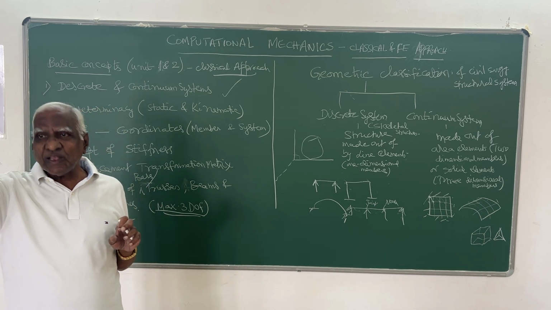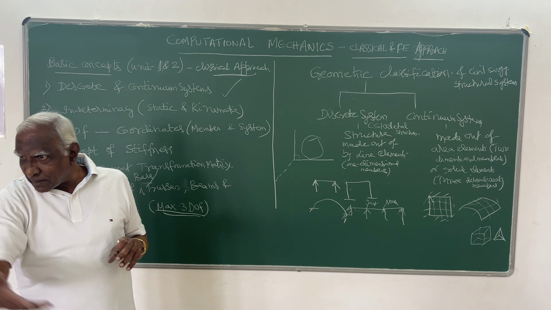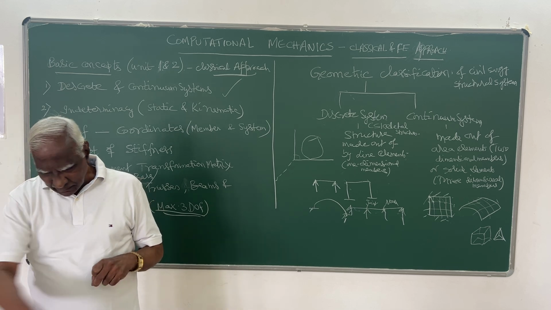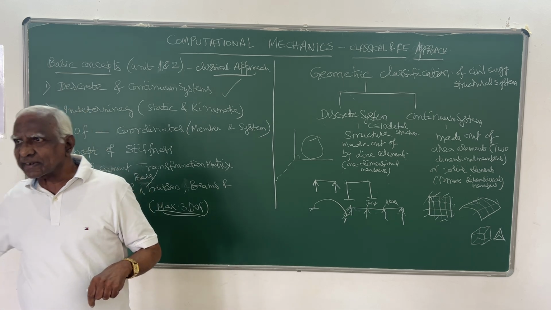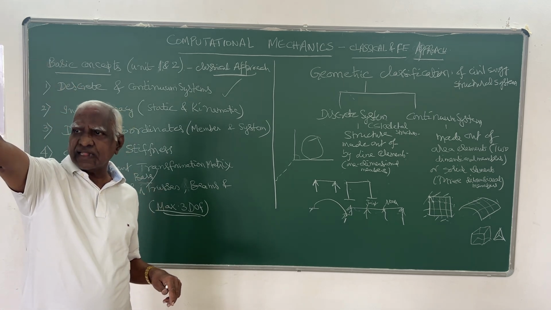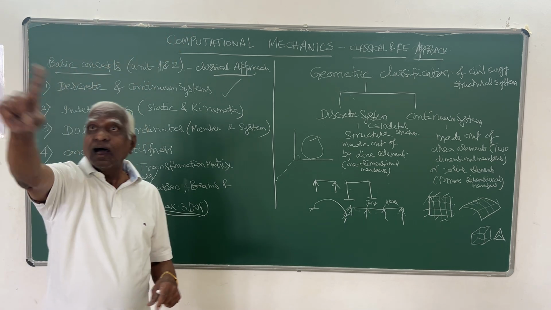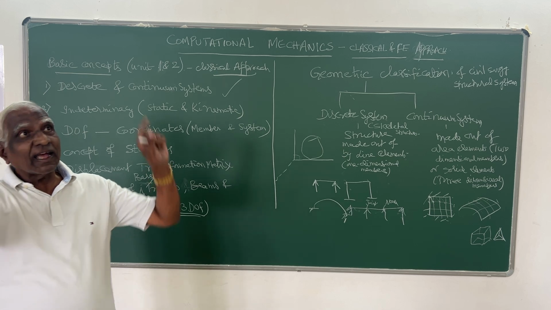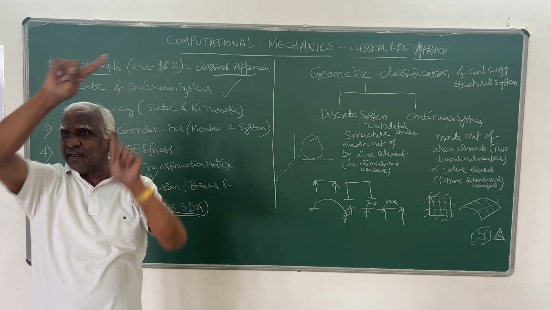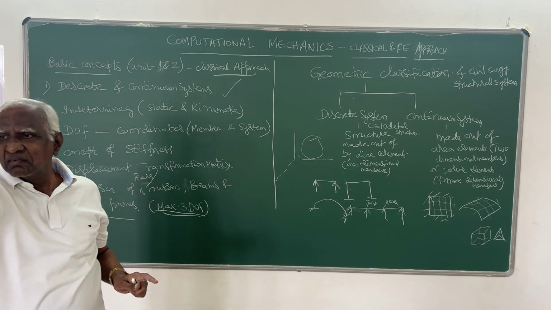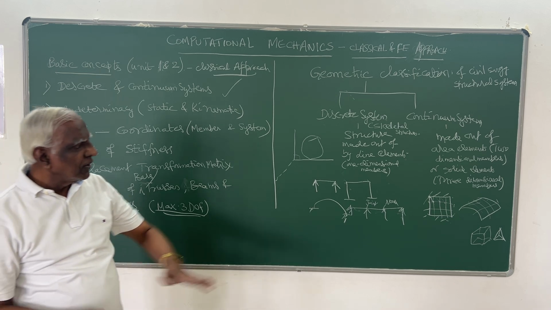So it is a continuum system. Here, a slab, we can assume to be made out of a number of rectangles. This entire slab, you can take one rectangle, another rectangle, interconnected at four points, at a finite number of points.